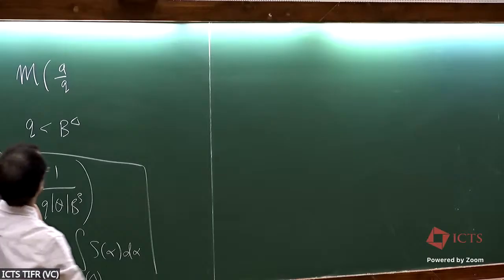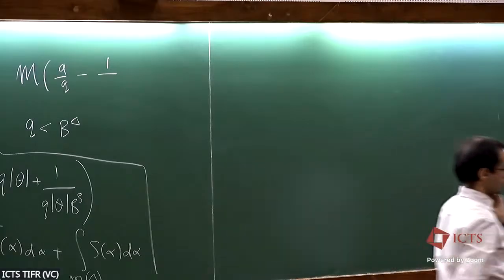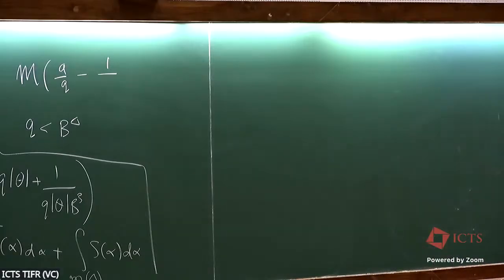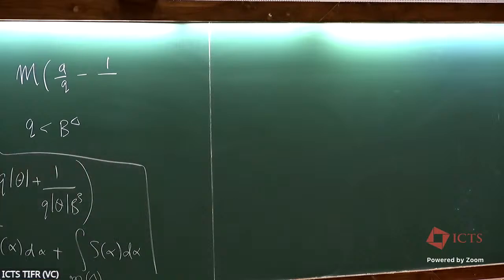And then this is a over q minus, so this goes up to q B cubed, or was it q B to 3 half, sorry. Of course. Thank you.